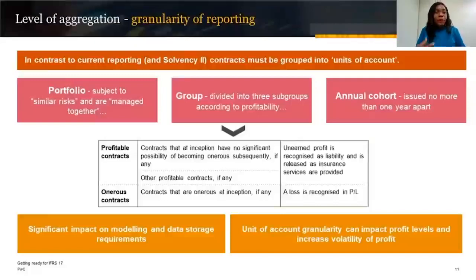And this is why we keep saying, for you to fully comply with IFRS 17 going forward, you may need some type of system solution, because it may not be feasible to do a manual computation and recording of each of these units of accounts by the time you have so many based on the annual cohort.